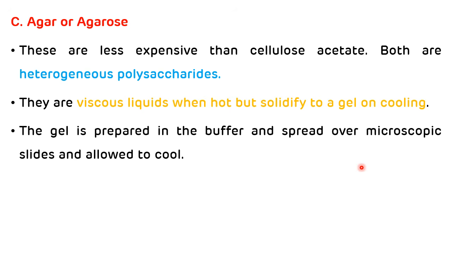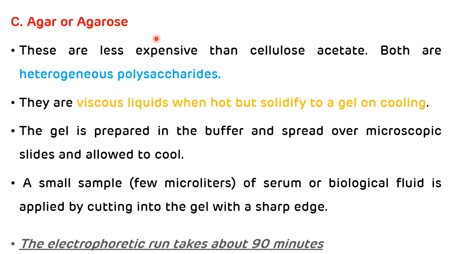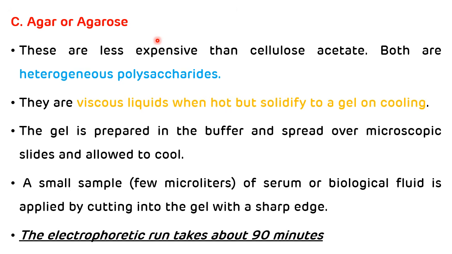The gel is prepared in the buffer and spread over microscopic slides and allowed to cool, and a small sample of serum or biological fluid is applied by cutting into the gel with a sharp edge. The electrophoretic run in agar or agarose takes about 90 minutes.